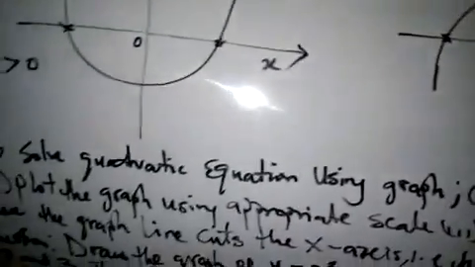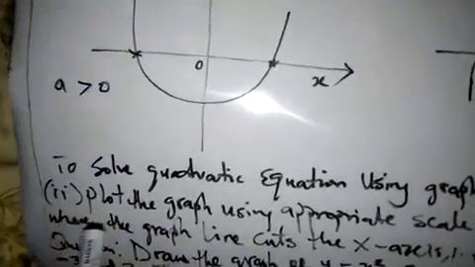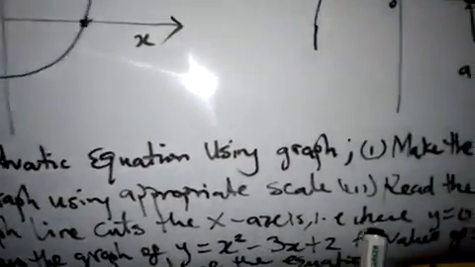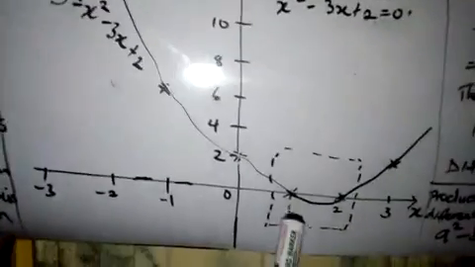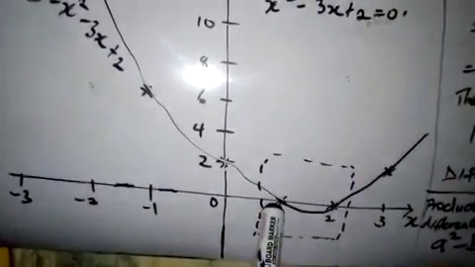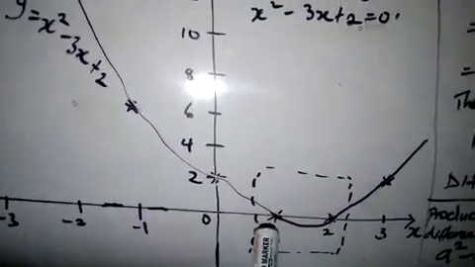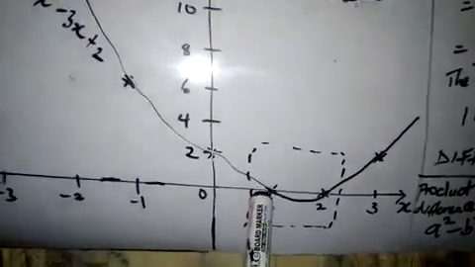Remember this. Read the roots where the graph line cuts the x-axis. That is where y is equal to 0 on the x-axis. So the line made from plotting those coordinates cuts at this point and at this point.